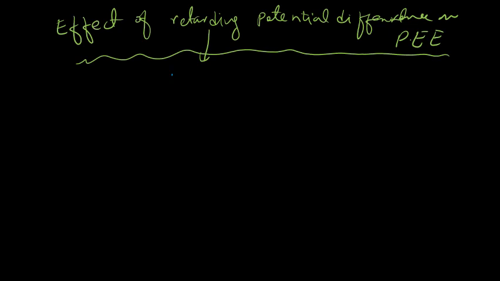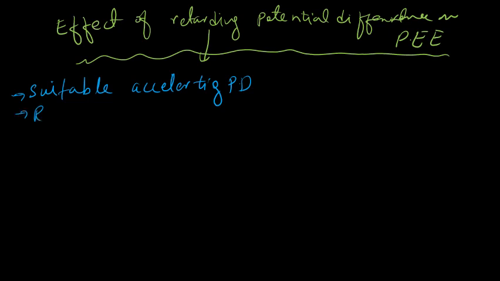In order to observe this effect, first we start with a suitable accelerating potential difference. That is, first we increase it in the positive direction, and when we reach a specific value, when the photocurrent starts to flow in the circuit, then after that we reverse the potential difference.